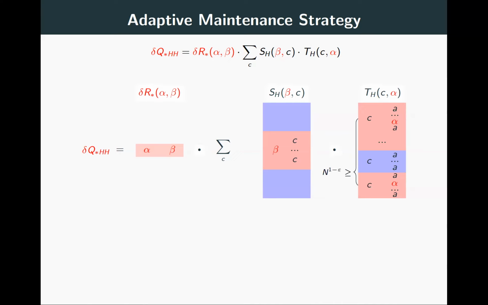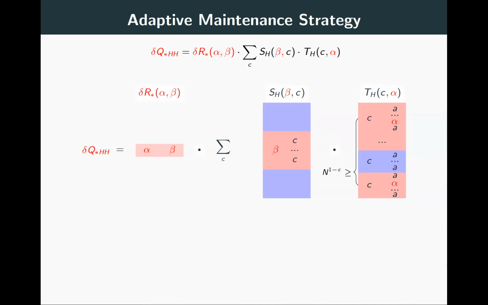We know that T is heavy on C. So effectively, if we look at the C's that can possibly be paired with alpha, there can be at most n to 1 minus epsilon heavy values. There cannot be more than that because all C values in here are heavy, and each of them takes at least n to epsilon pairs. So we have to have at most n to 1 minus epsilon of them.